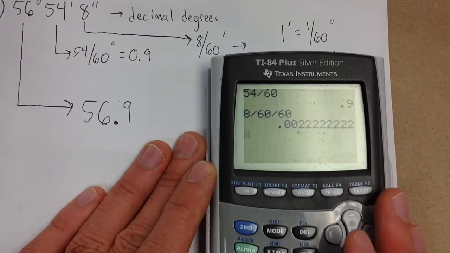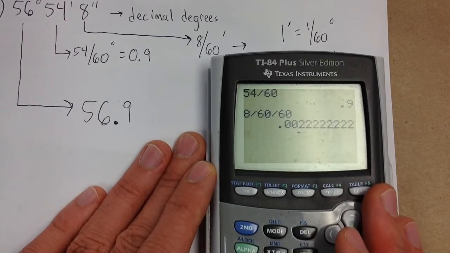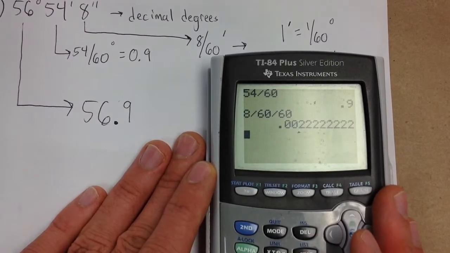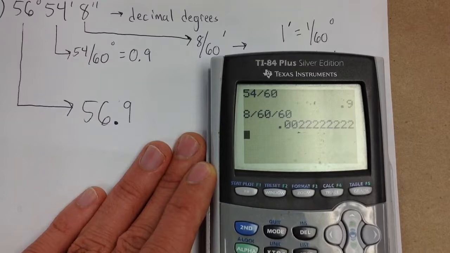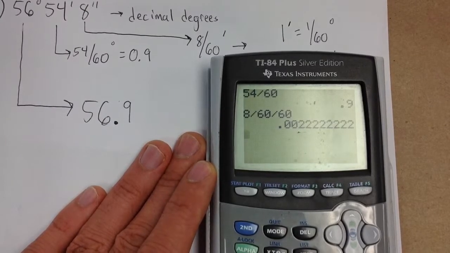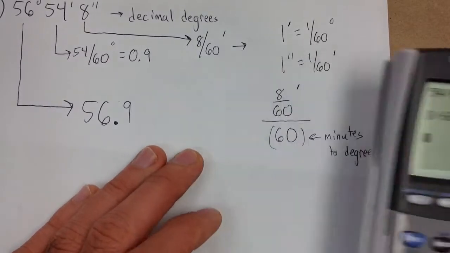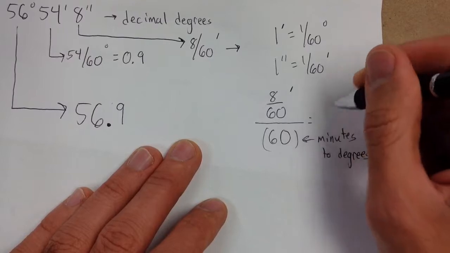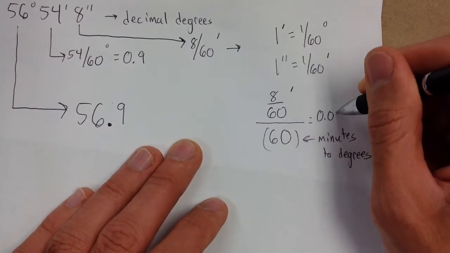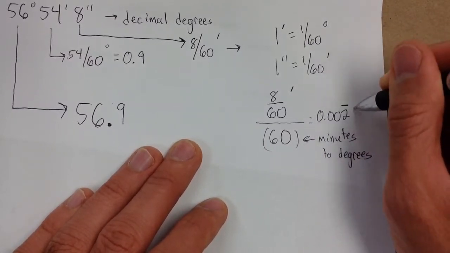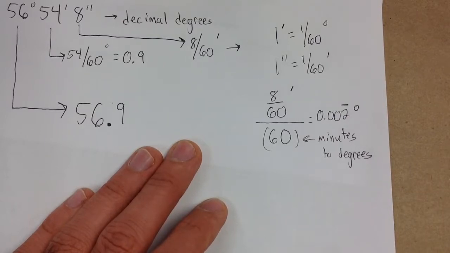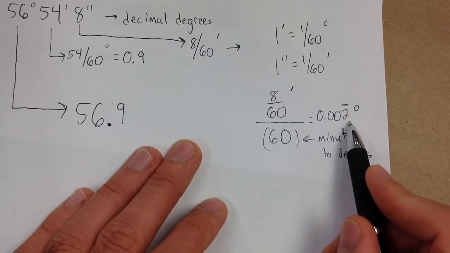Another thing that might help you, Celine, is to know that there are 3,600 seconds in a degree. It's 60 times 60. Similarly, there's 3,600 seconds in an hour. Okay, so 8 seconds is 0.002 repeating degrees.